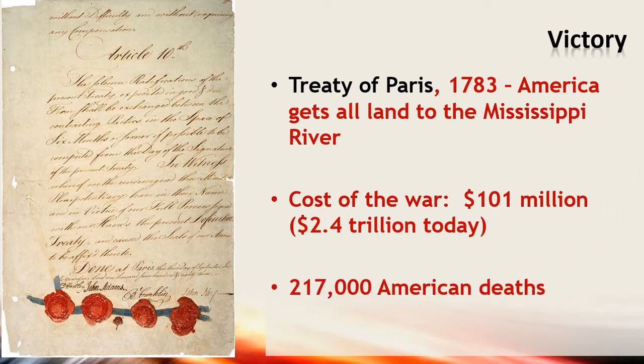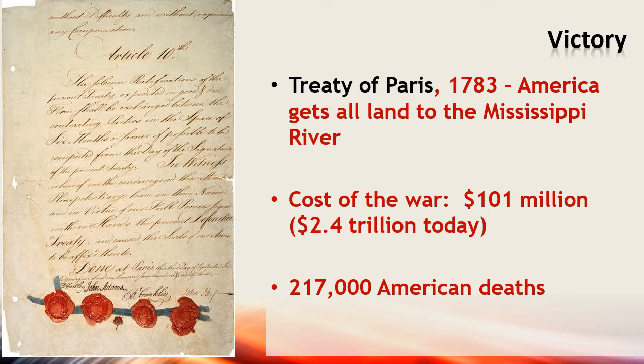And then victory also had to reckon with the fact that there were 217,000 American deaths. This is a war. It leads to death, and death rips people out of the economy. It rips people out of society, and that changes how people are going to have to work and put things back together over time.